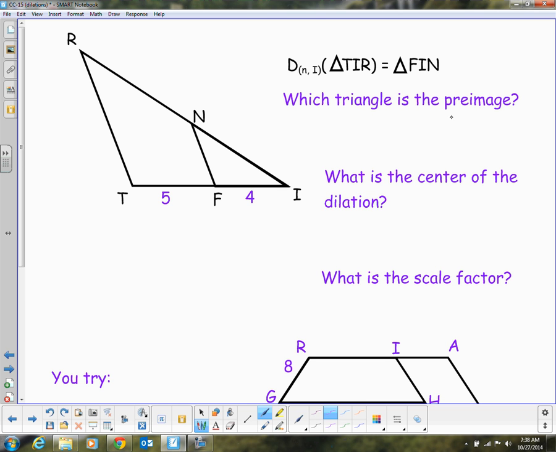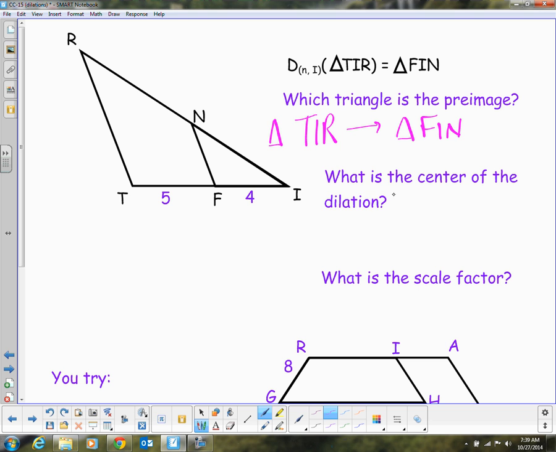Which triangle is the pre-image in this notation? MJ, which one is the pre-image? Look at my notation. Right, the pre-image is TIR. So that means triangle TIR is mapping to triangle FIN.